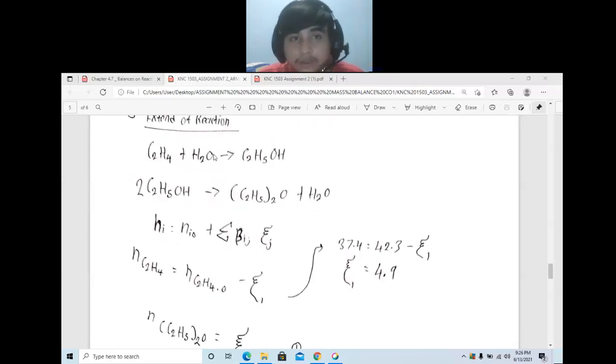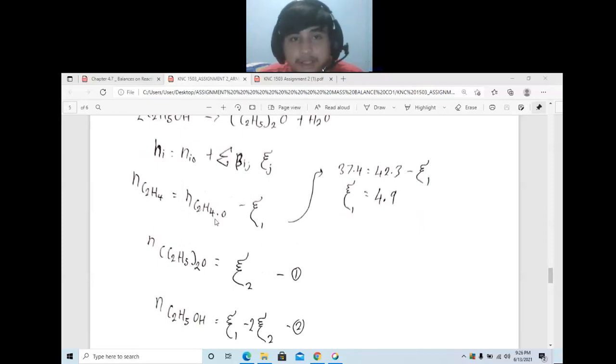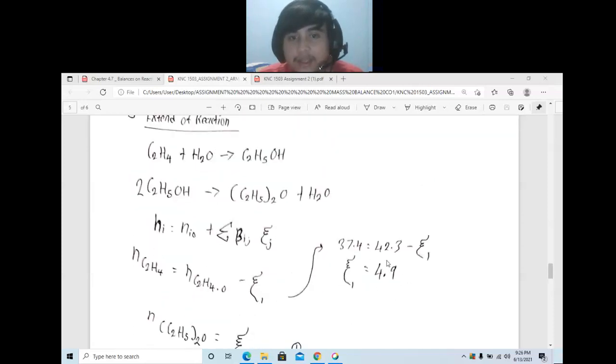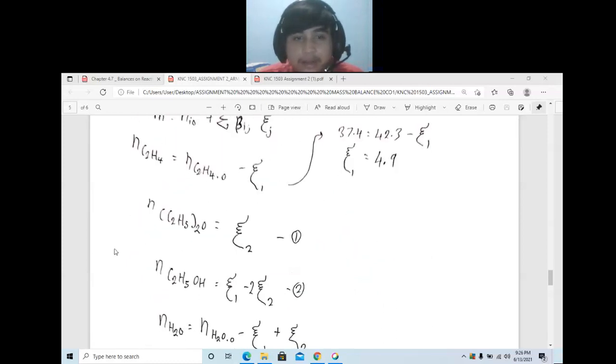Because this first row is 1, I assume the first row is extent of reaction 1, and the second row is extent of reaction 2. So as you can see, NC2H4 equals NC2H4,0 minus extent 1. So we have found the extent 1 equal to 4.9.